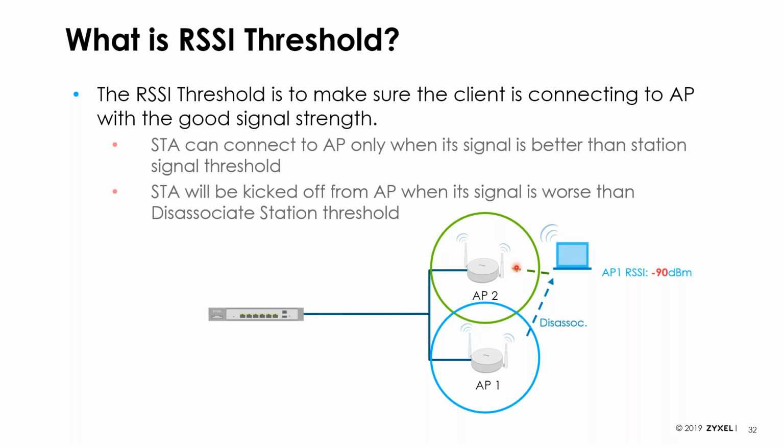So basically a method of forcing roaming with clients that do not support these roaming standards. Of course, it is not seamless, but it is a lot better than ending up in a sticky AP situation where the client is still stuck with AP1 with a really bad signal strength and barely working.